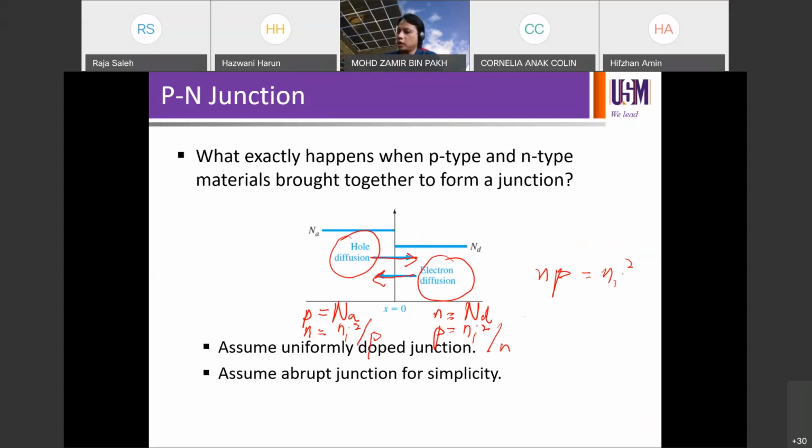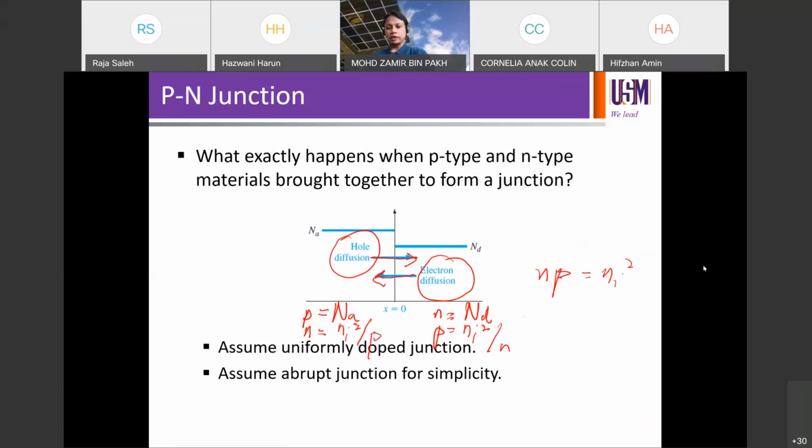Recall back what we learned in carrier transport. Why do you have diffusion? Anyone? Excess? No, not really. Equilibrium is the result. Yeah, so that's the word. Different concentration, right?